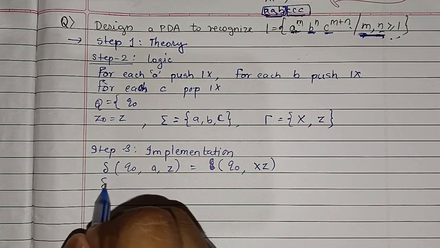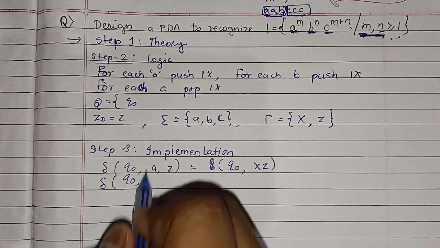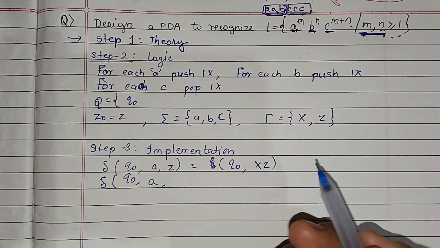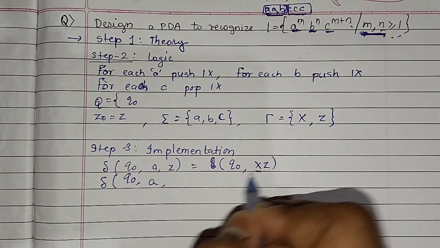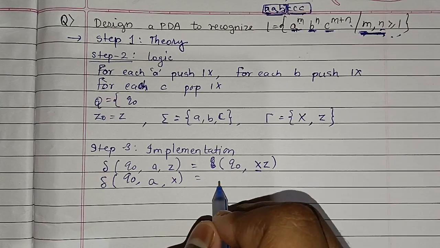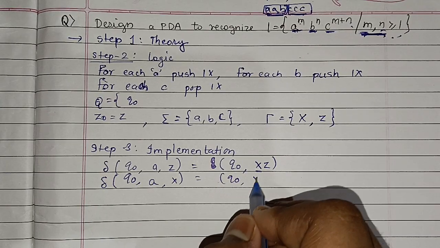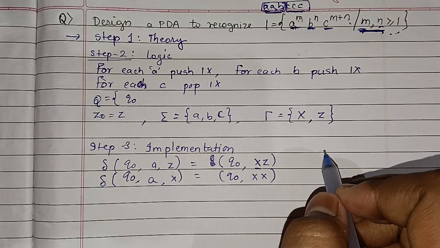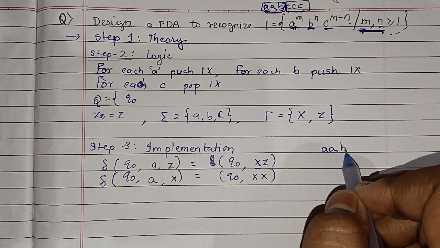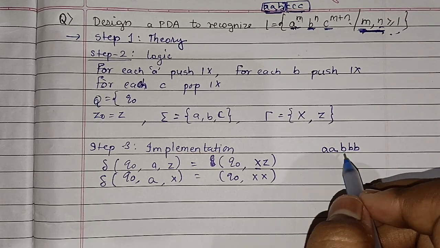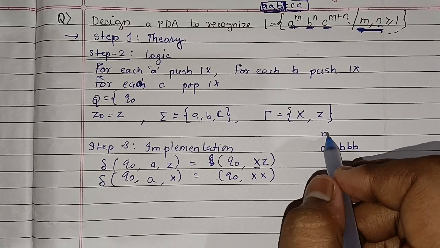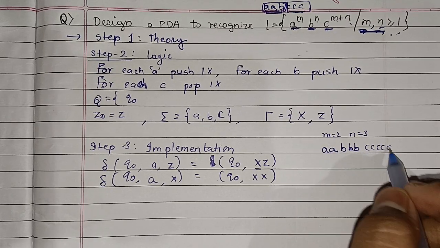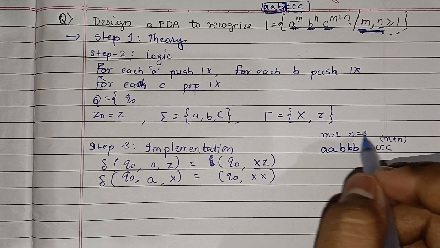Now q0, a, with x as the top, again in the same state I will push. Now I am taking an example a, a, b, b, b. So m equals 2, n equals 3, so c will be 5 times, m plus n.